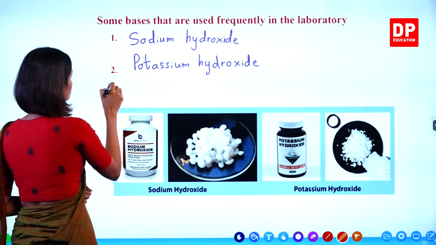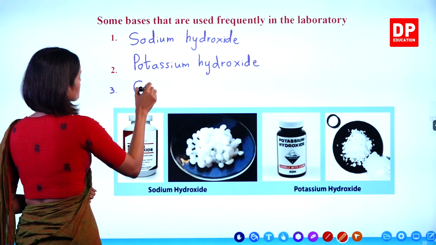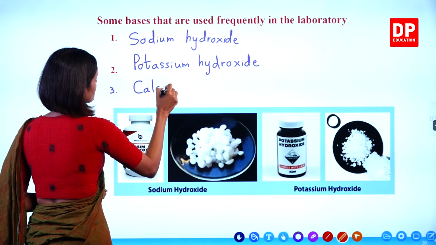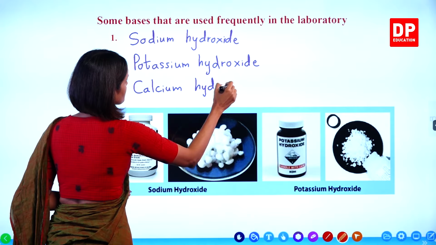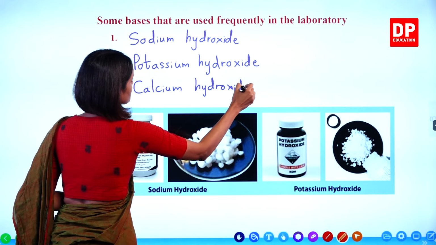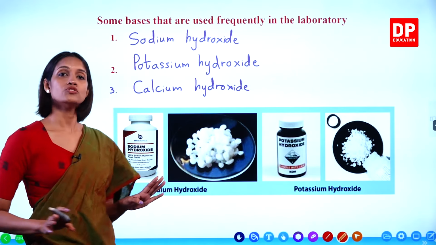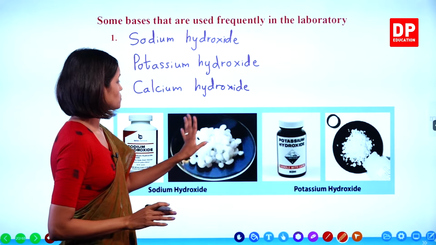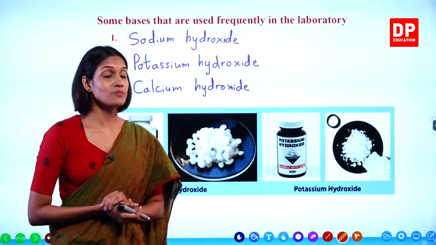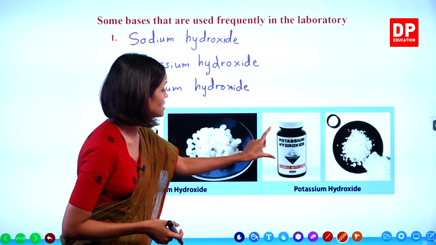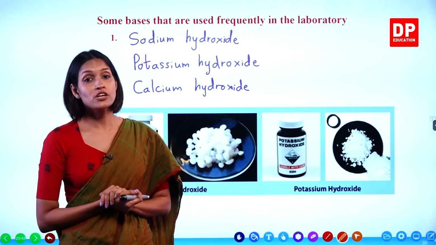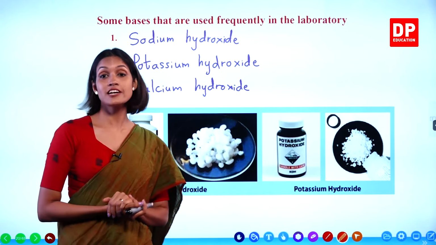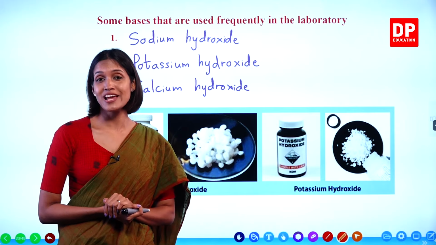We will write that as well. Calcium hydroxide. Okay children, so when you go to the school lab, you can observe how these labels mention their chemical formulas and what the instructions are, information like that.